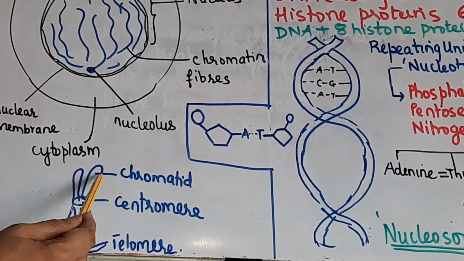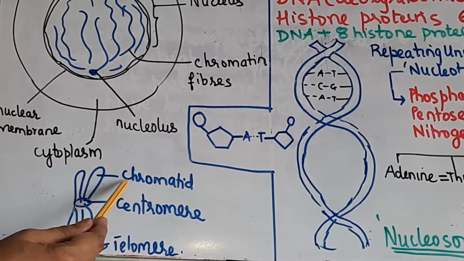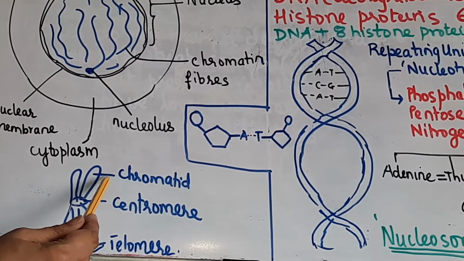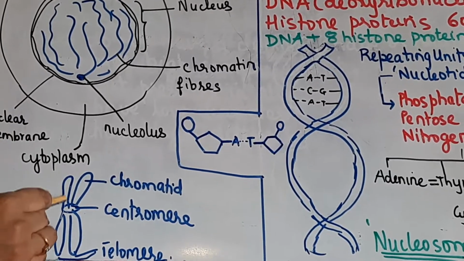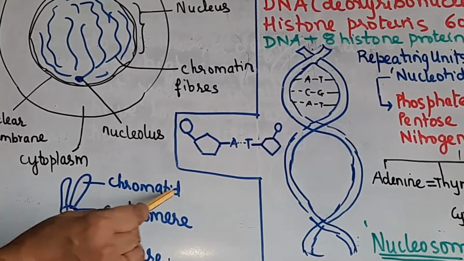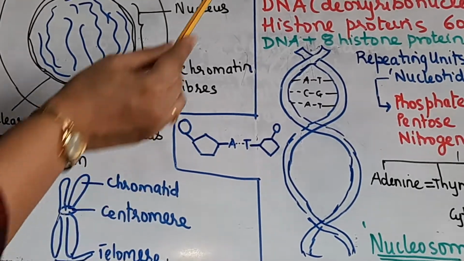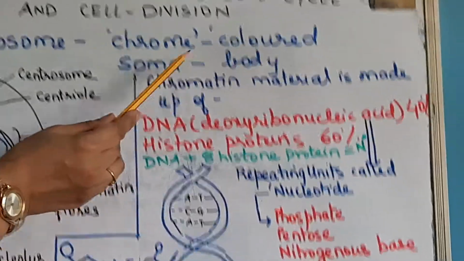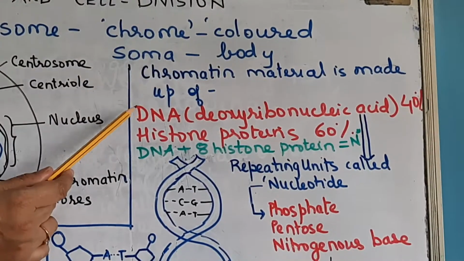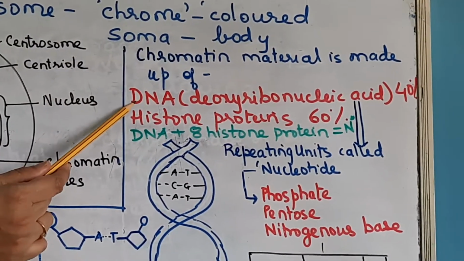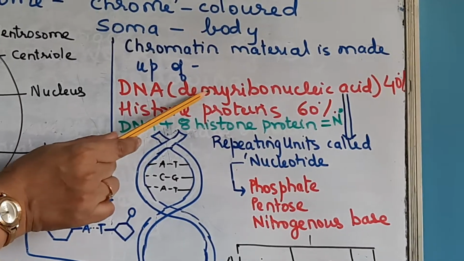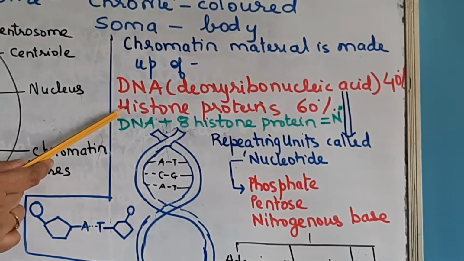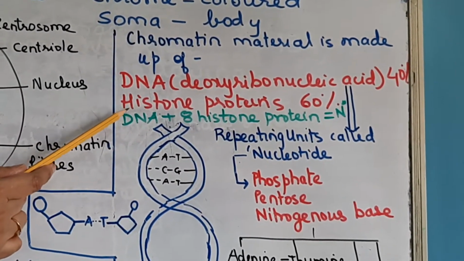Now we have to see what the chromatid is made up of. The chromatids are made up of chromatin material. This is one chromosome, made up of two sister chromatids, and each chromatid is made up of chromatin material. This chromatin material in turn is made up of two things: DNA, whose full form you have to remember, deoxyribonucleic acid, 40%, and histone proteins, 60%.